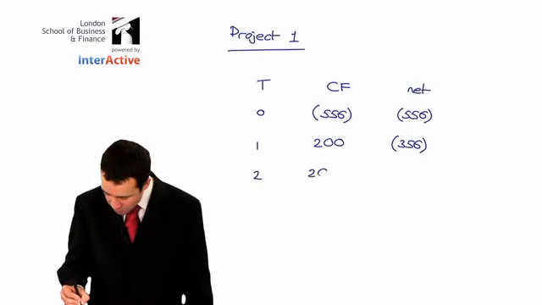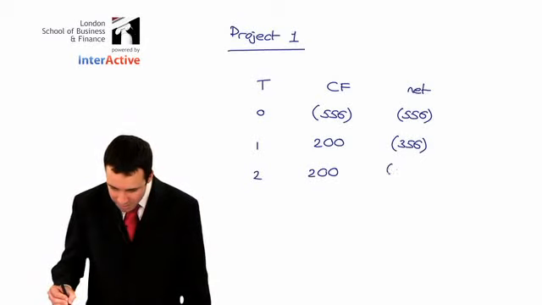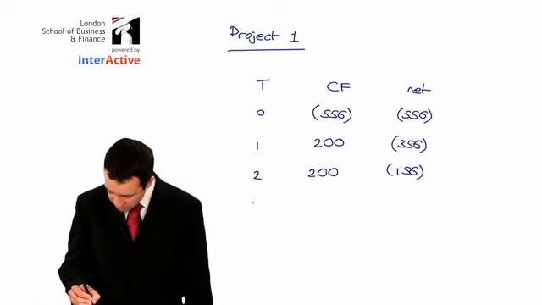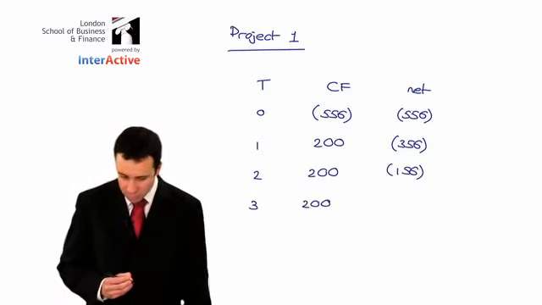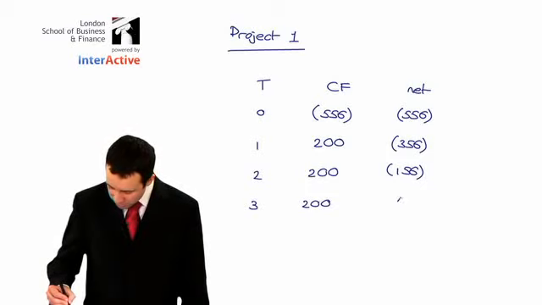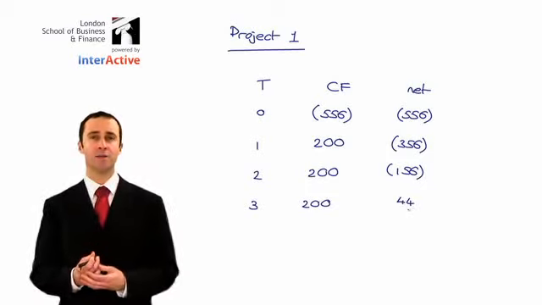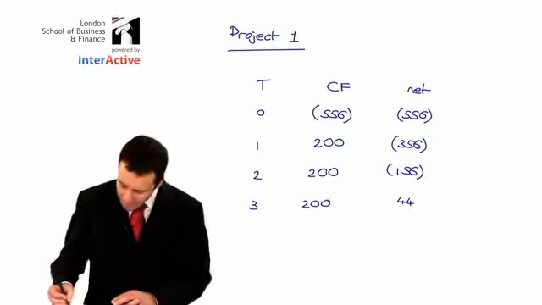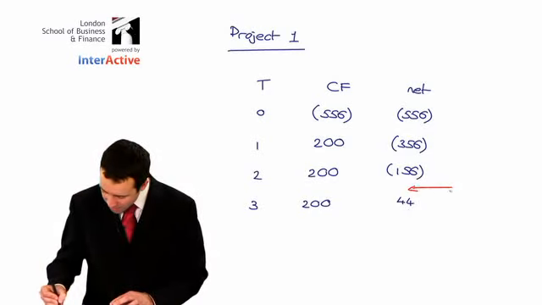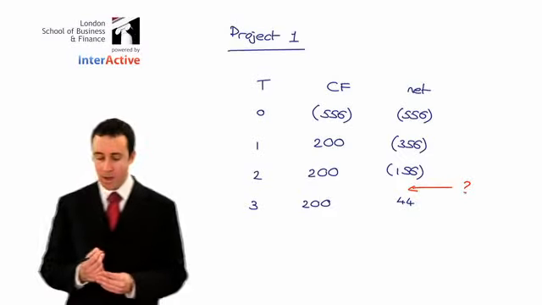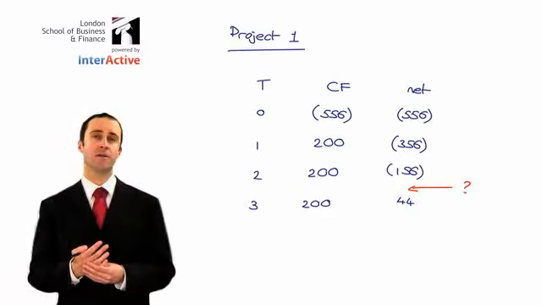Again, in T2, we get £200,000, so my net cash flow is now 156. And then in T3, we receive another £200,000, which gives us a positive cash flow of £44,000. So our payback period is somewhere between T2 and T3.